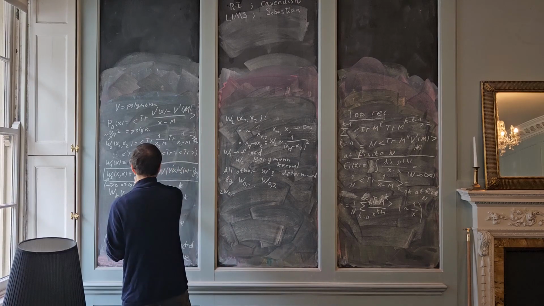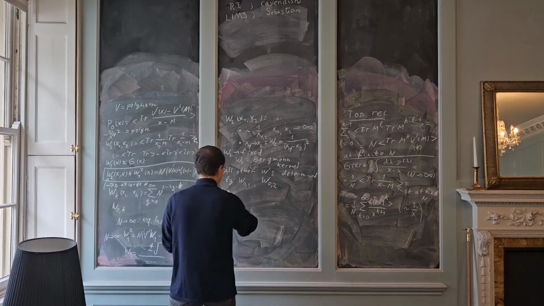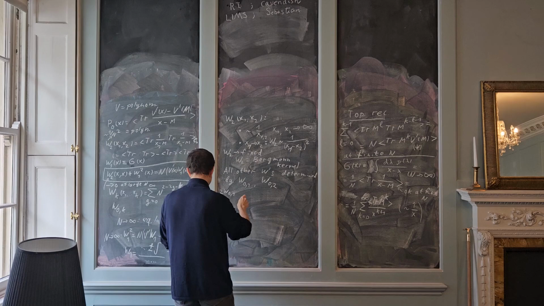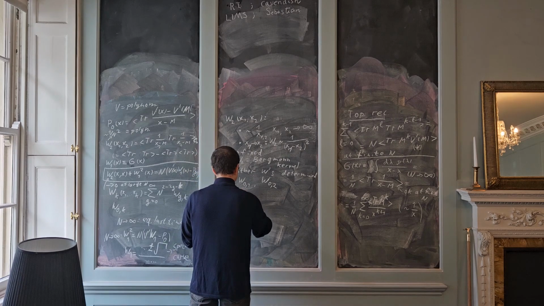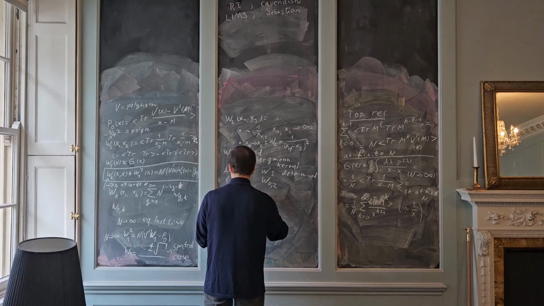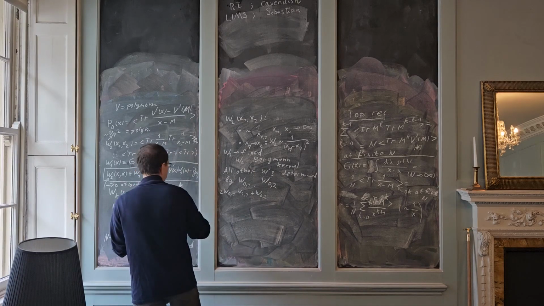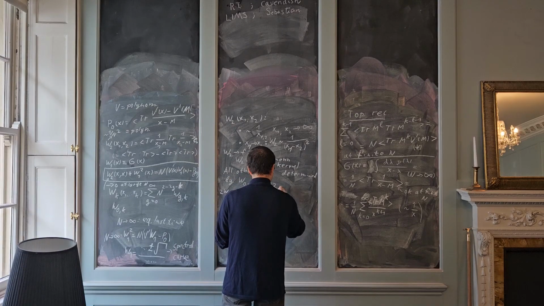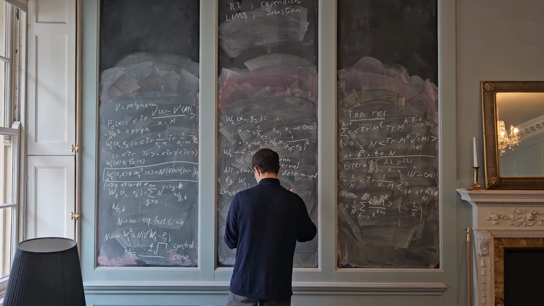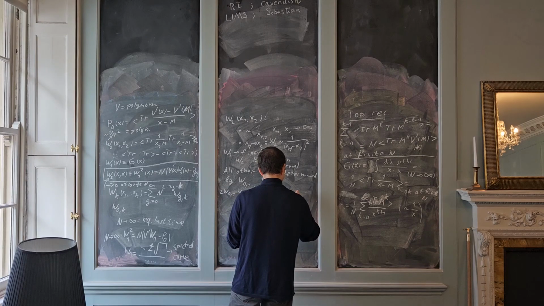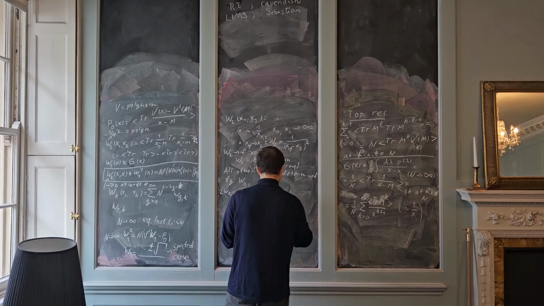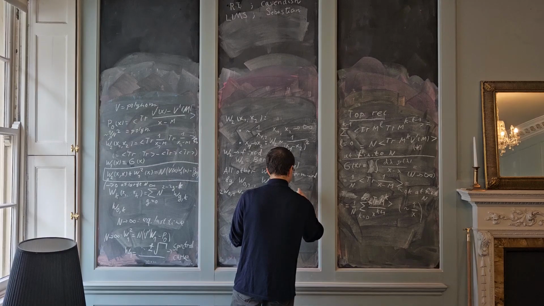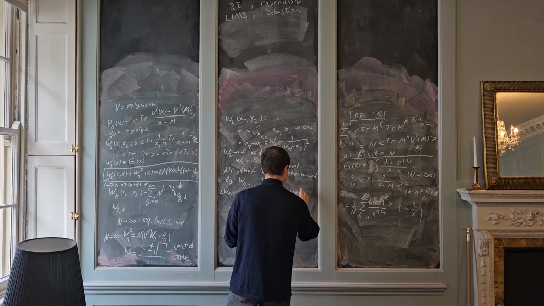If I'm expanding the square to the next order in 1 over n, there will be 2 w01 w11 plus w02 from this, which will be v prime of x w11, well, they are all of x, minus p10.